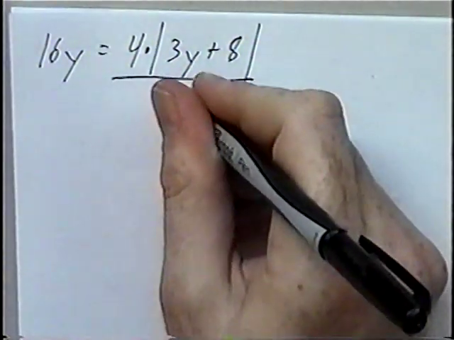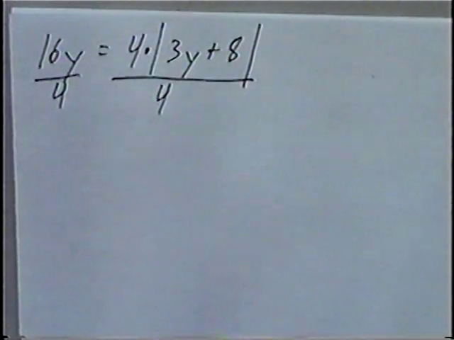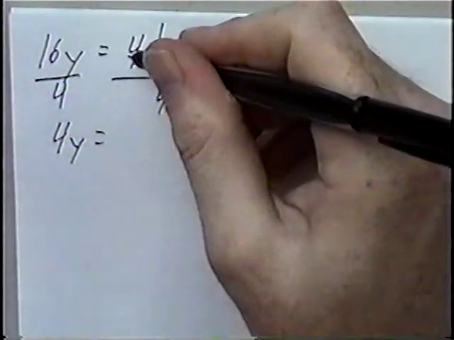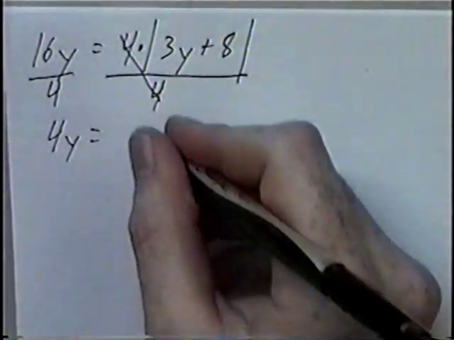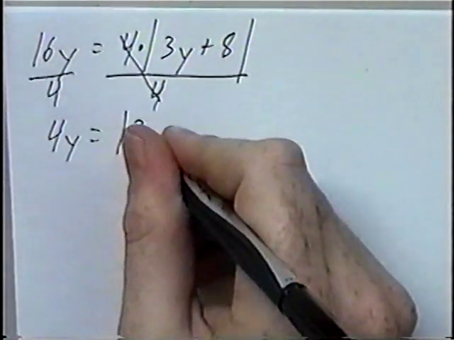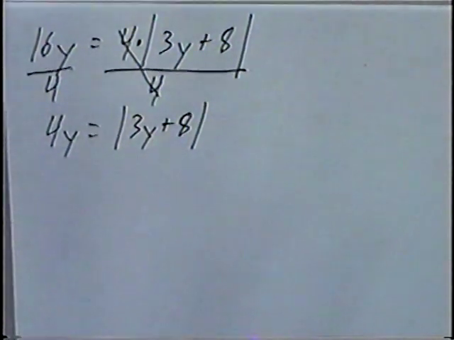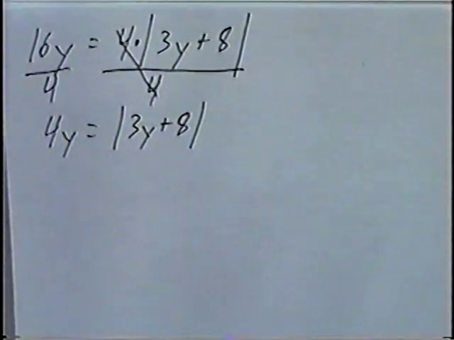Opposite of multiplying by 4, we can divide both sides by 4. So our equation would be 4y. The 4's would cancel on the right, and we'll have 3y plus 8 inside absolute value. Once we have the absolute value again isolated, we can solve 2 equations from here.